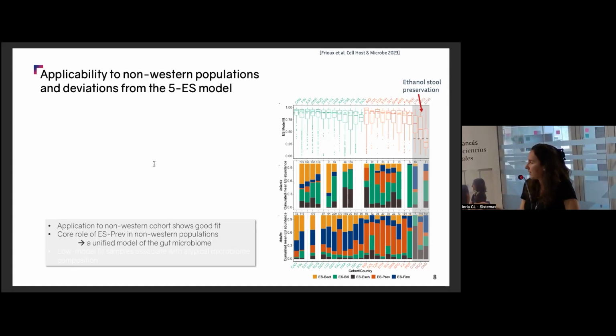For instance, in the adults composition in the bottom, you see a prevalence of the orange signature, that's Prevotella. It's really prevalent in these populations, whereas in Western populations, on the left part, you have a high abundance of Bacteroides and Firmicutes enterosignatures.